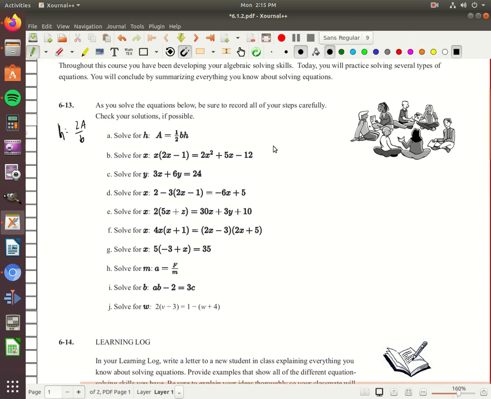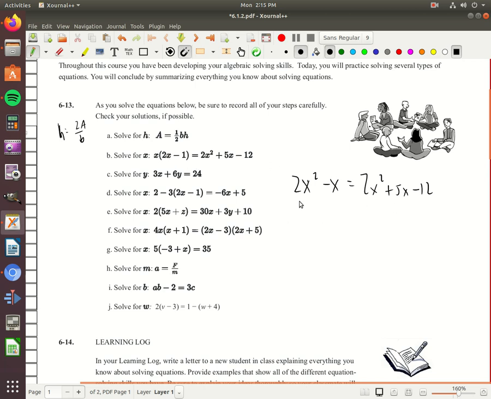All right, so let's go with this one. We're solving for x, and I think what I'm going to do is just distribute and write over here. So I'm going to get 2x squared minus x is equal to 2x squared plus 5x minus 12. You can see I distributed here.